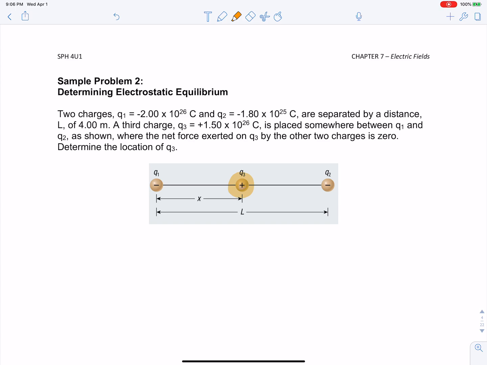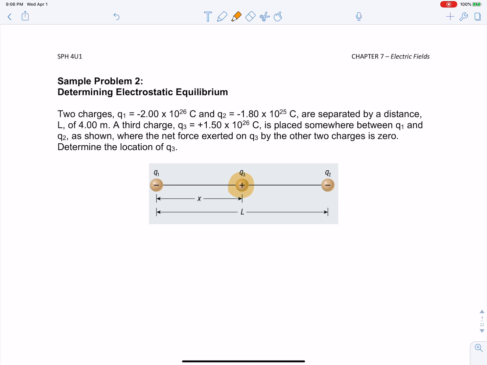We know that the force exerted on it by charge number 1 is equal to the force exerted on it by charge number 2. As a result, it will end up some distance in between the two. We'll call this distance x. Our job is to find x, determine the location of Q3.